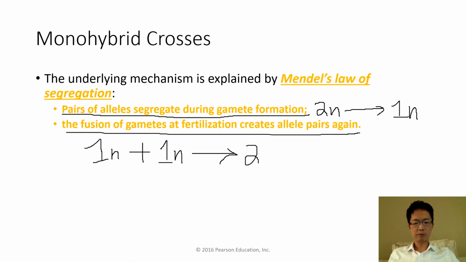That means you become 2N. So basically, when we talk about chromosome number in meiosis or diploid and haploid, we are implying the alleles as well, the pair of alleles. So you may assume that the number of chromosomes corresponds to the pairing of the alleles.